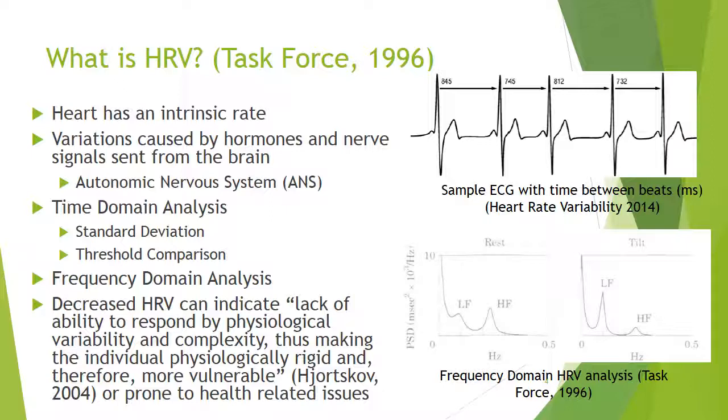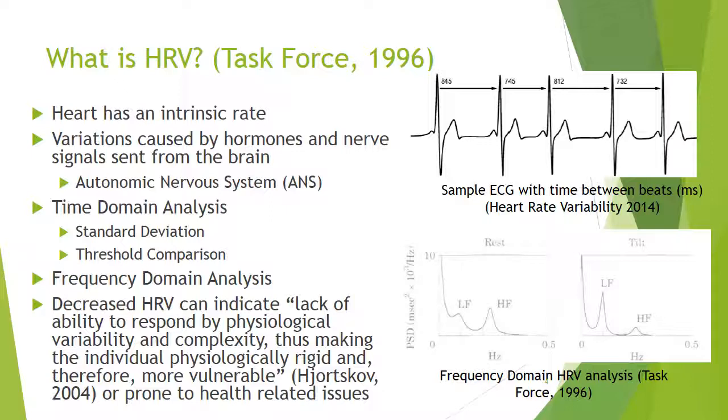Heart rate variability can be measured in the time domain using standard deviation or by counting how many beat-to-beat differences were over a particular threshold, or HRV can be assessed in the frequency domain, where spectral analysis is used to determine the prevalence of frequencies within the ECG signal.